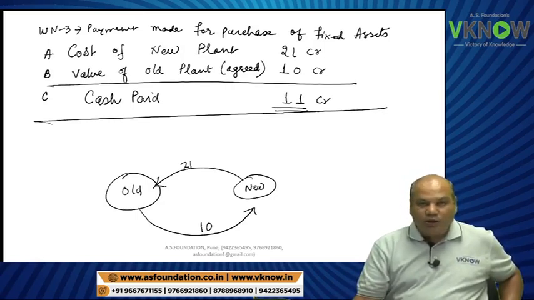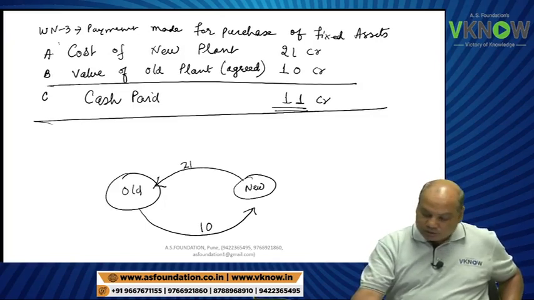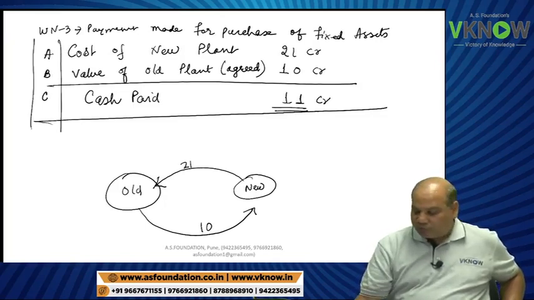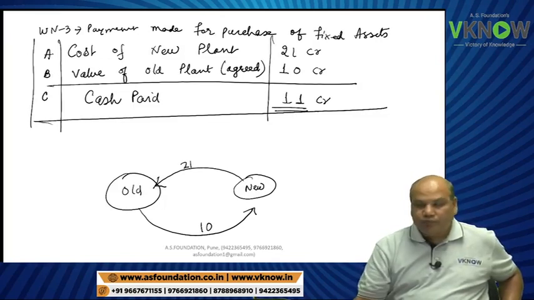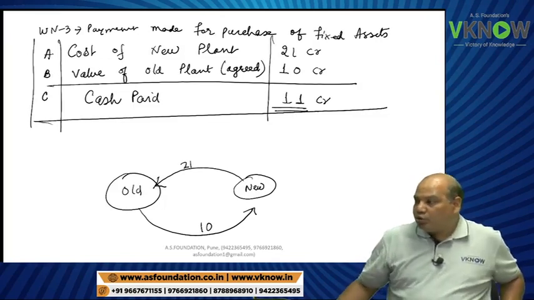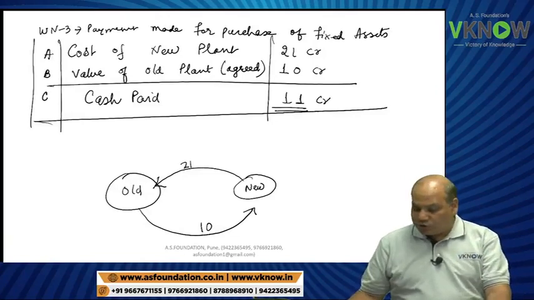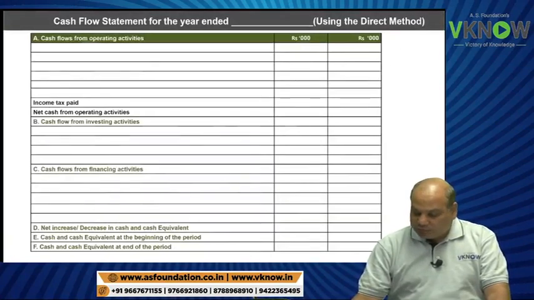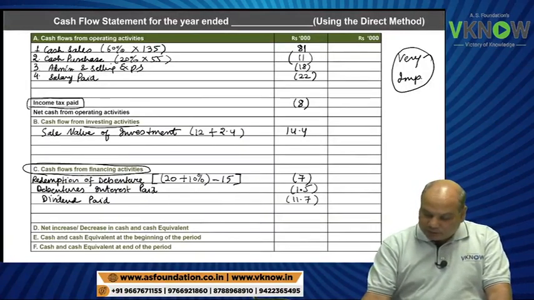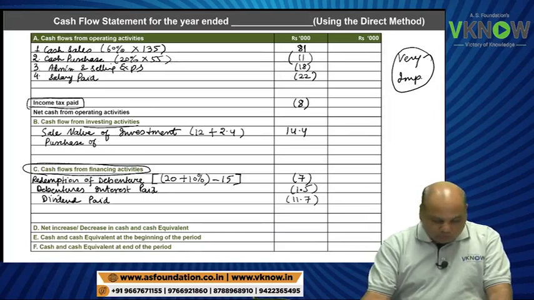Therefore cash paid 11 crore. Only this 11 crore rupees will come in your cash flow statement. So we'll come to investing activity and write down there purchase of new plant.